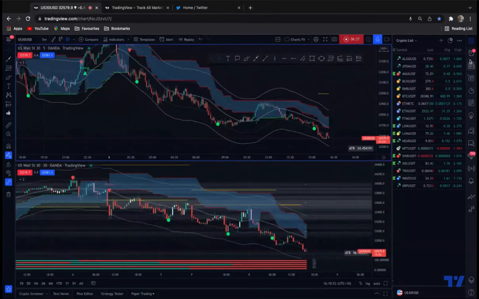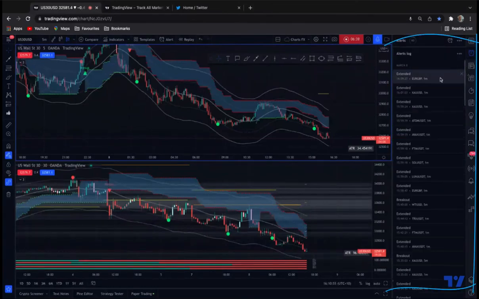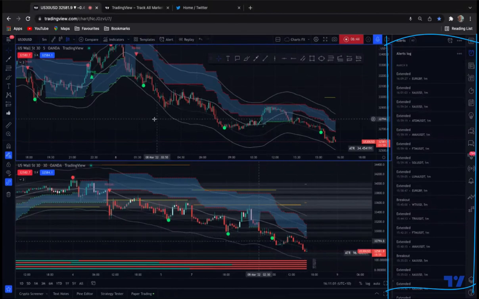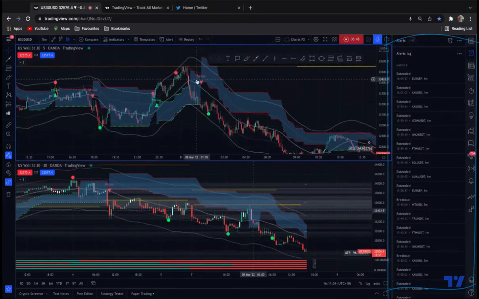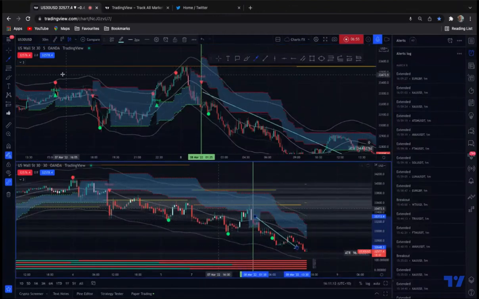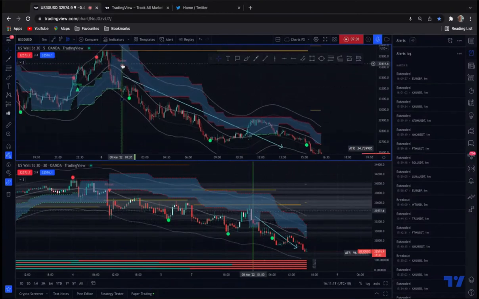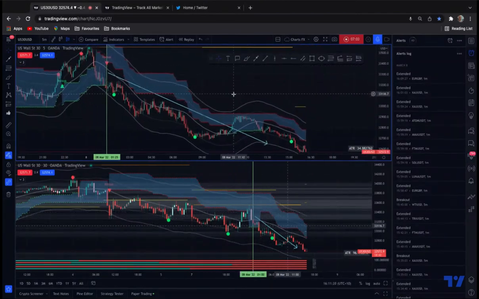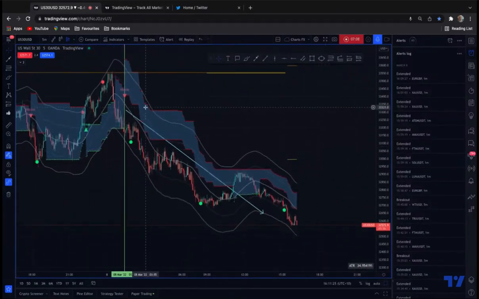The alerts go off in the alerts log over here. On the 5-minute chart, it brings me in immediately. You don't miss a trade, basically. That was the last one. There's your entry, and there's your trade. Now, the next opportunity, well, that was the last one. So what I'm looking for now would be another red break signal.